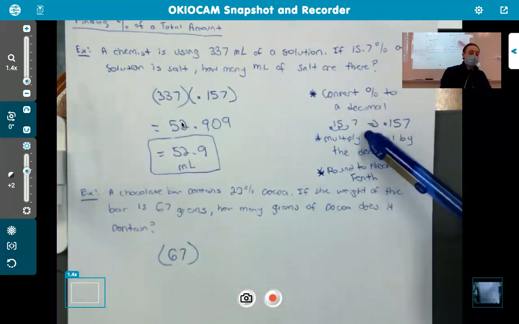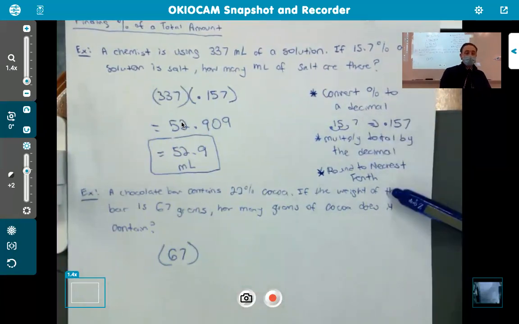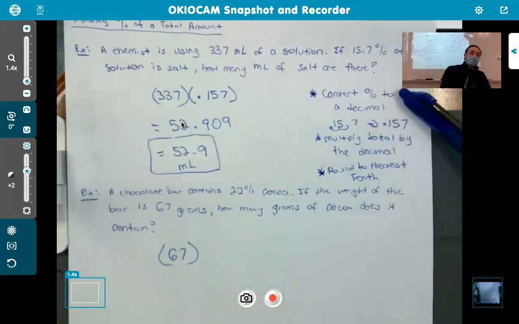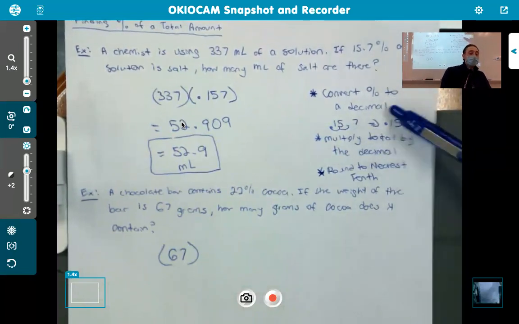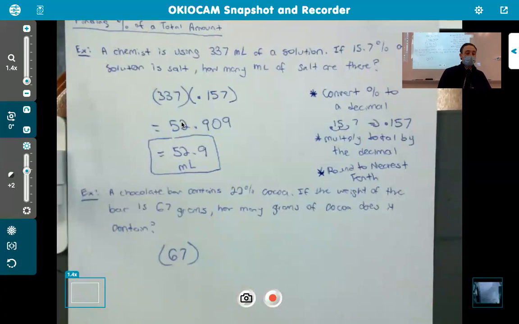If I go back to my first example, I have a list of steps here. Now what I want to do is convert the percent that I see in the problem to a decimal. Well, what's the percentage that's in my problem here? What do they tell me that the amount of cocoa is? It says this percent of the bar is cocoa.